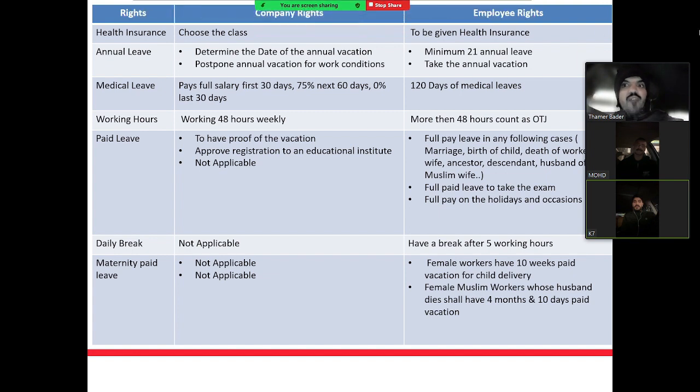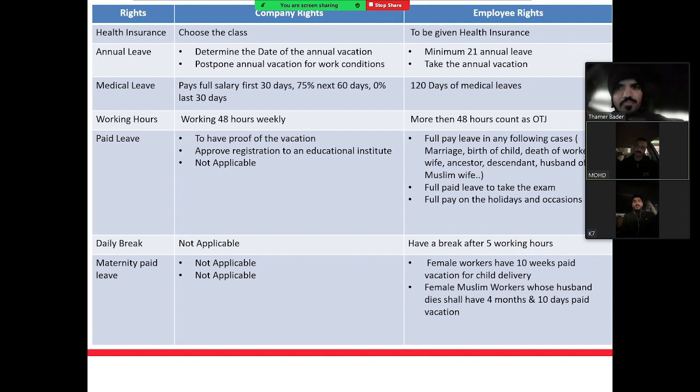The organization has the right to choose the class of health insurance, which is 1, 2, 3, or A, B, C. Employee rights: each employee has the right to have health insurance, not only for himself, but also for the spouse and the children.